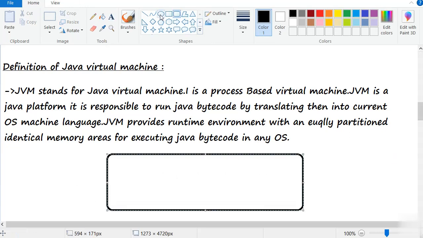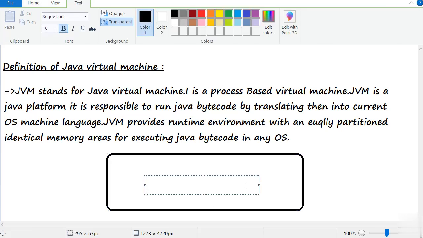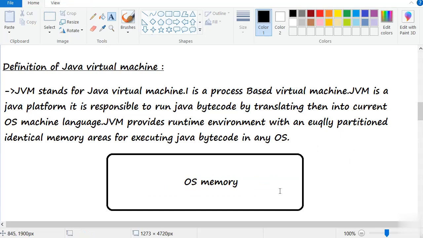This is my OS memory, my computer memory. In this, JVM provides a runtime environment with an equally partitioned identical memory areas for executing Java bytecode in any OS.